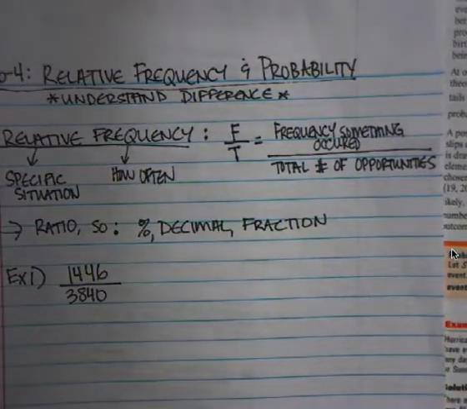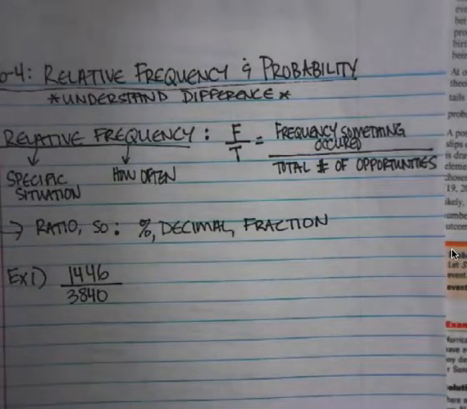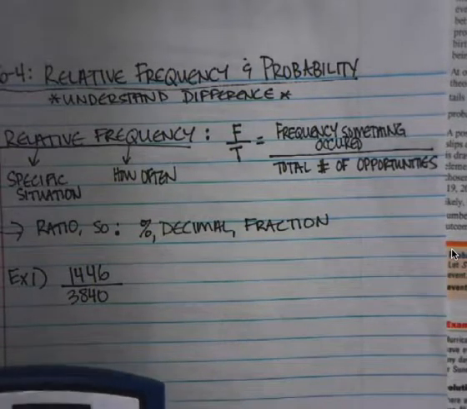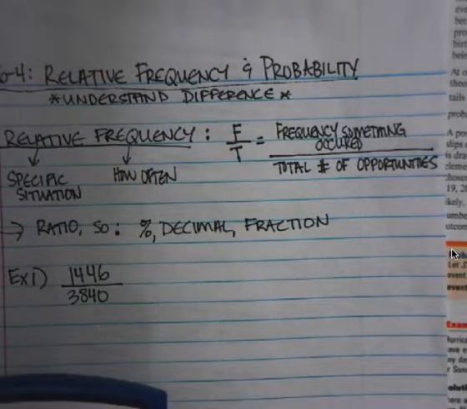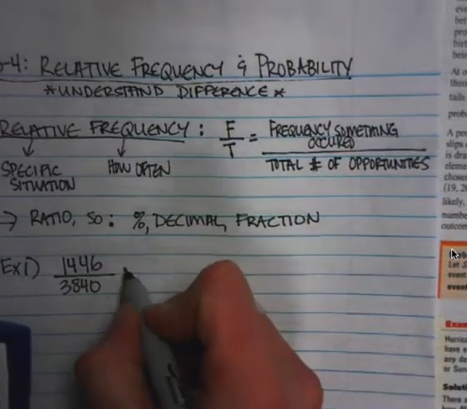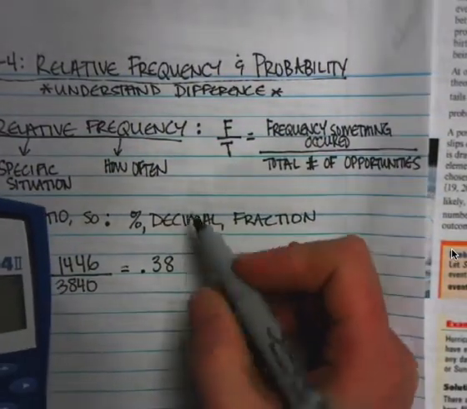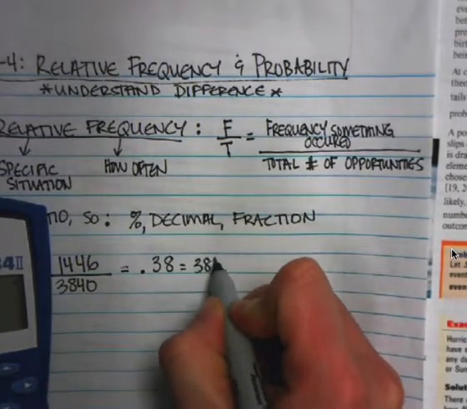Okay, again, this is a ratio, so we could write this as a decimal, a fraction, or a percent. So if we divide 1,446 by 3,840, we end up with 0.38, which is 38%.